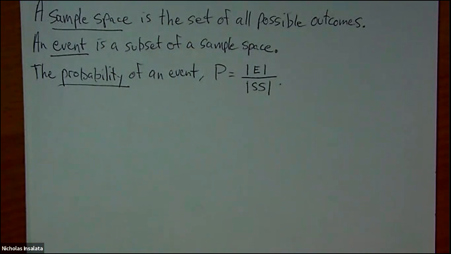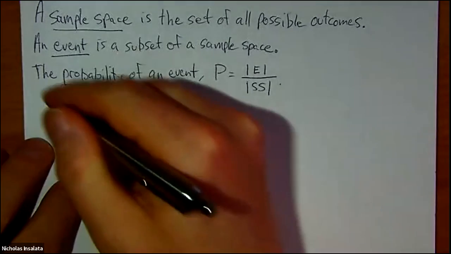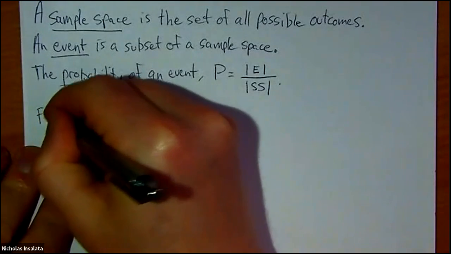Okay. So what would be the probability of flipping a coin twice, getting 1 heads and 1 tails? Half, right?